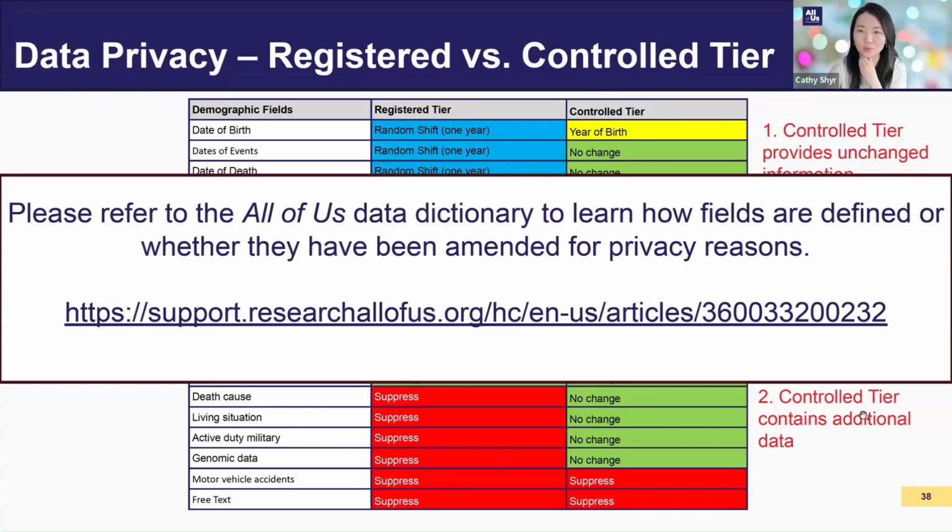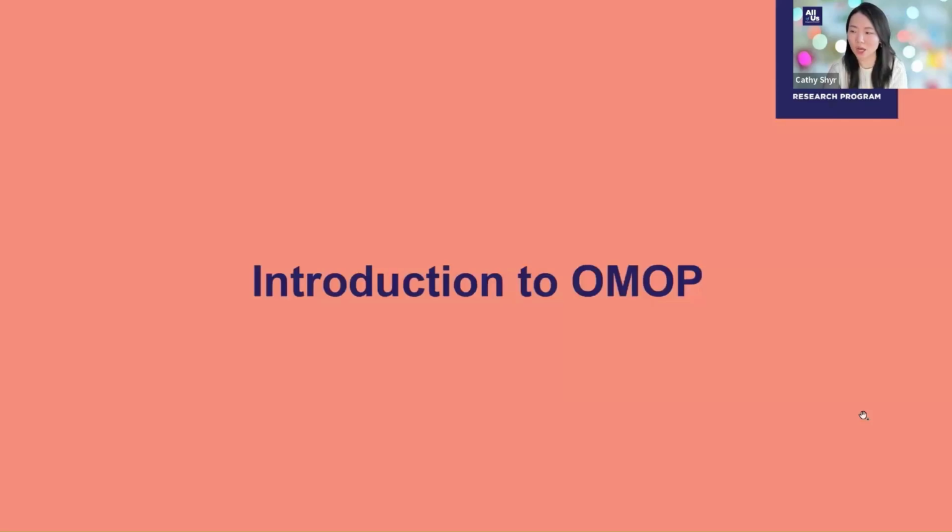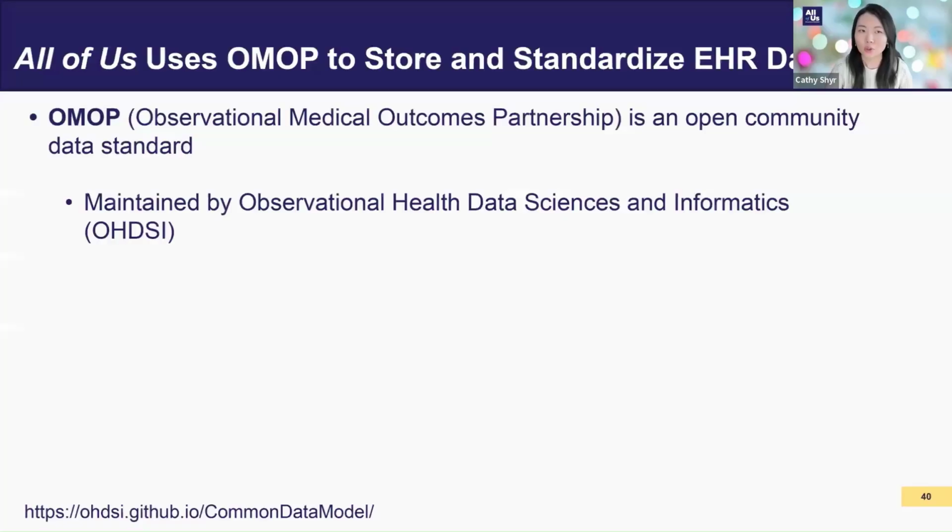All right, so let's go ahead and talk about how the EHR data in All of Us are stored and structured. With this, we can't talk about data structure and standardization without talking about OMOP. OMOP, or Observational Medical Outcomes Partnership, is an open community data standard that is maintained by a group called OHDSI.